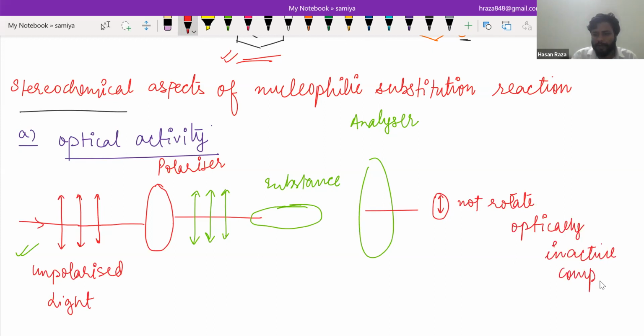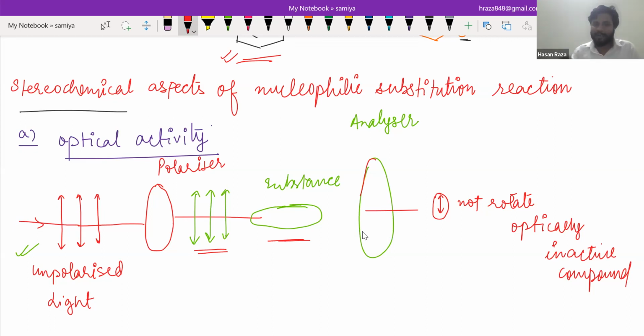Again, I am going to explain. We are going to pass a light through the polarizer, which will make the light polarized light, and this polarized light will pass through the substance and go through the analyzer also. This analyzer will show whether this substance or compound is optically active or optically inactive.